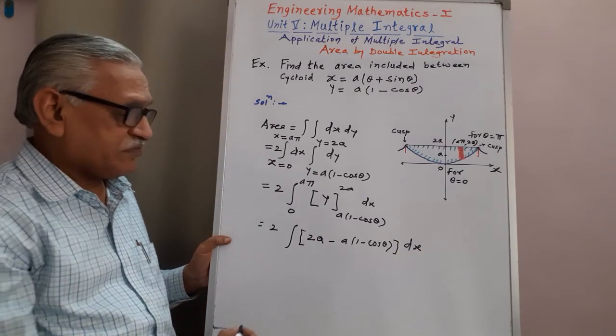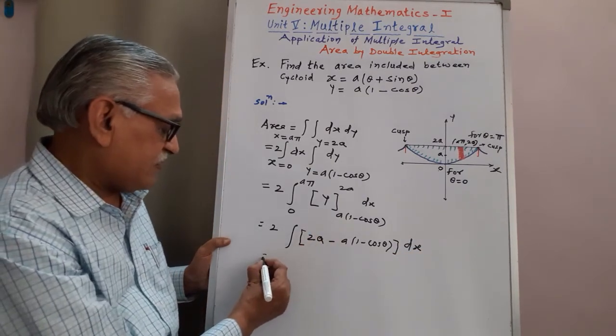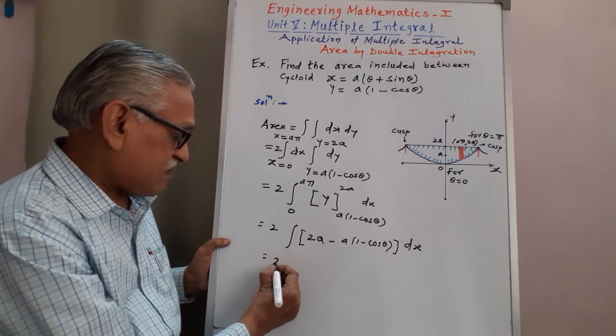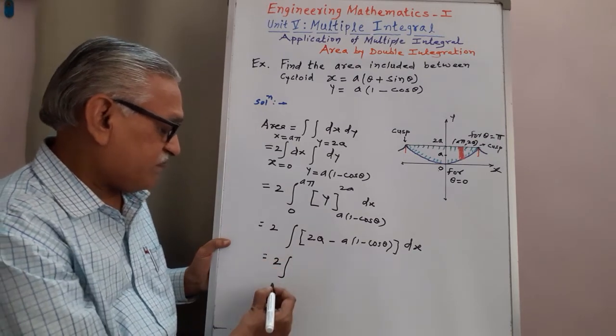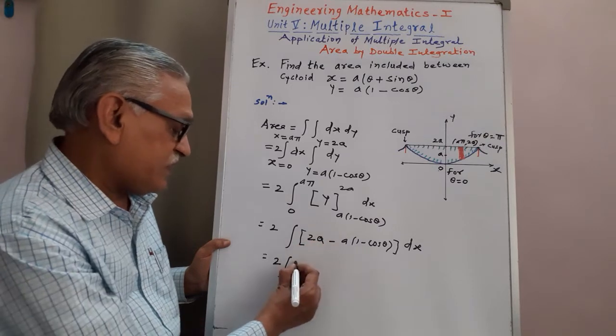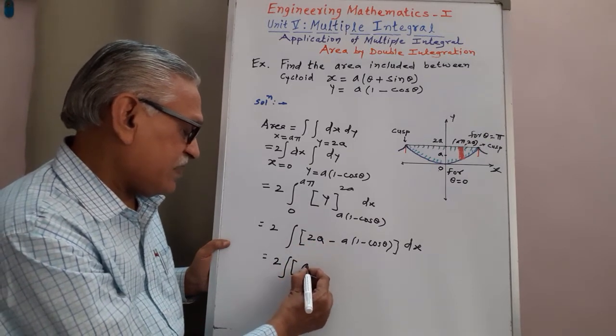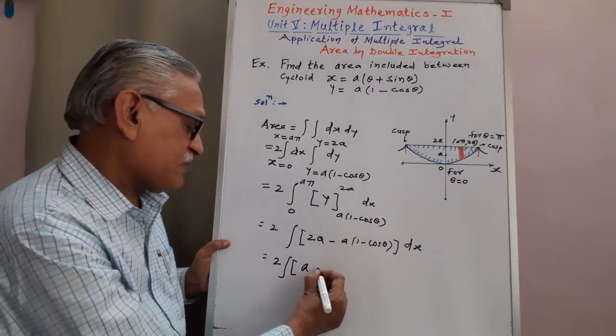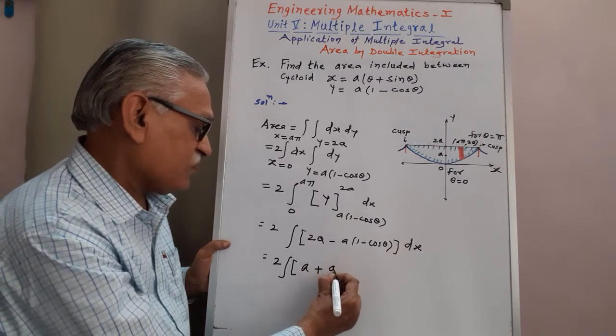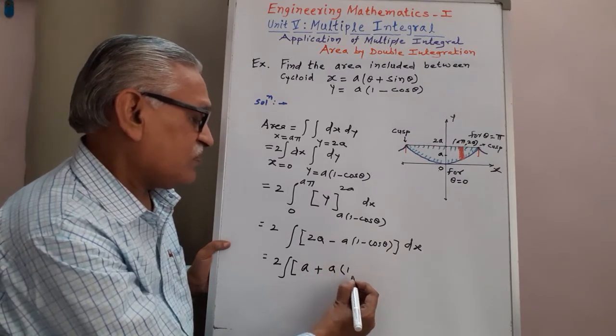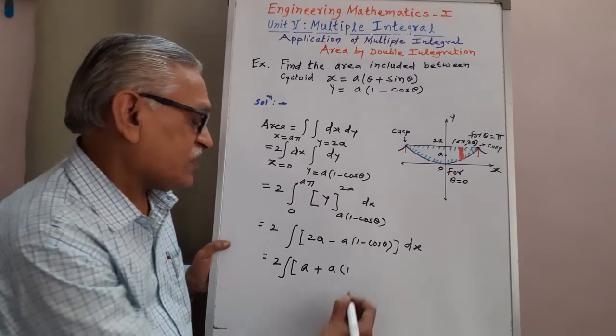If you simplify it, it is 2 times the integral of 2a minus a, we get a, minus minus becomes plus a into cos theta, so a into (1 plus cos theta).